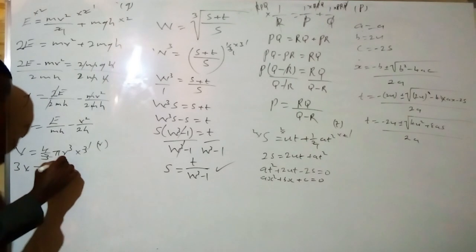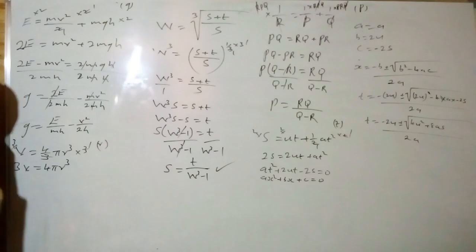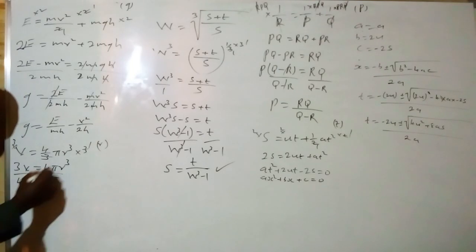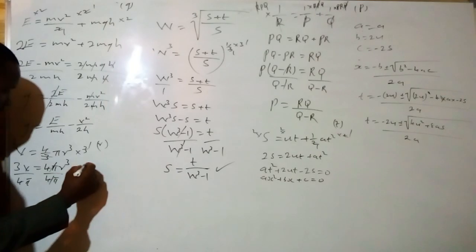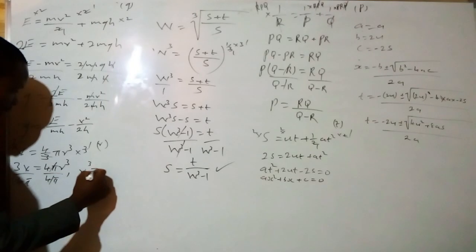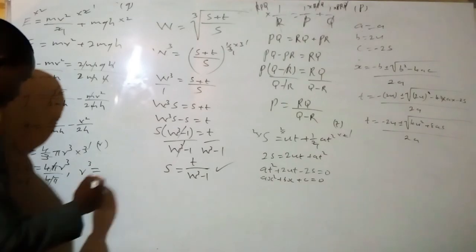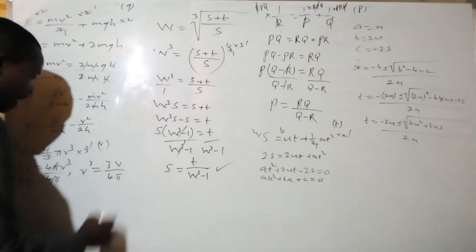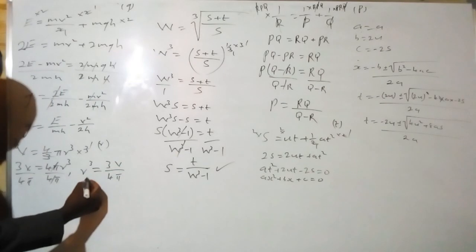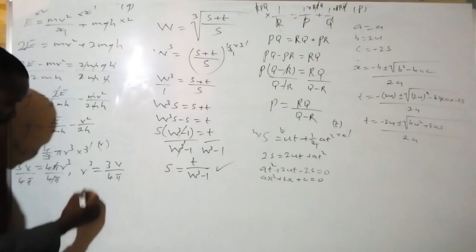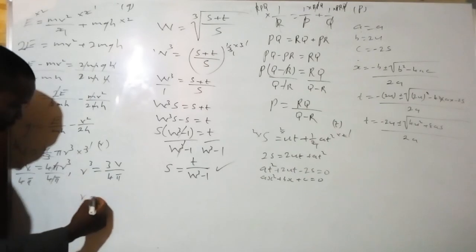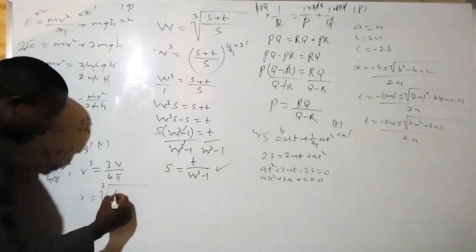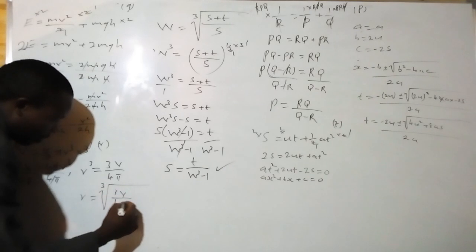And then you can divide by 4 pi, so that r cubed is equal to 3V all over 4 pi. And since we want r alone and not r cubed, we are going to say that r is the cube root of 3V all over 4 pi. And I hope you have understood something on this.